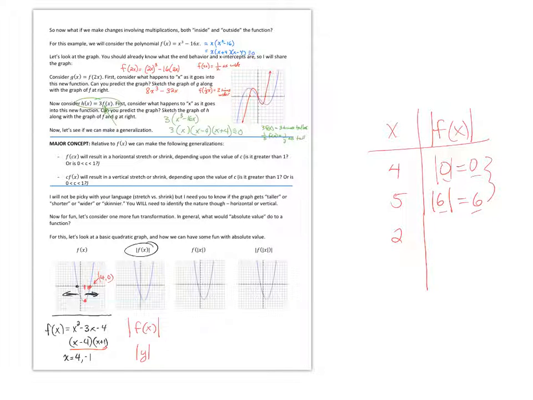That y value will be 2 minus 4 multiplied by 2 plus 1, which is negative 2 times 3, which is negative 6. So now we'd be taking the absolute value of negative 6 and getting a y value of 6. So that point down here is going to get transformed to positive 6.